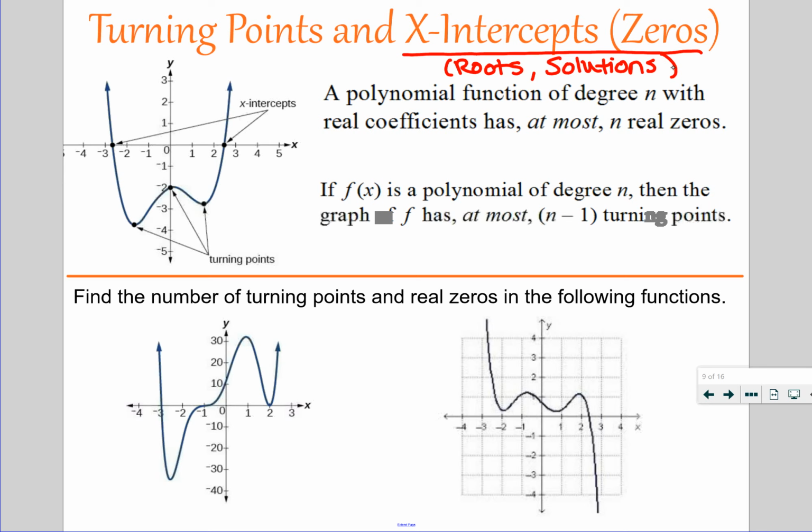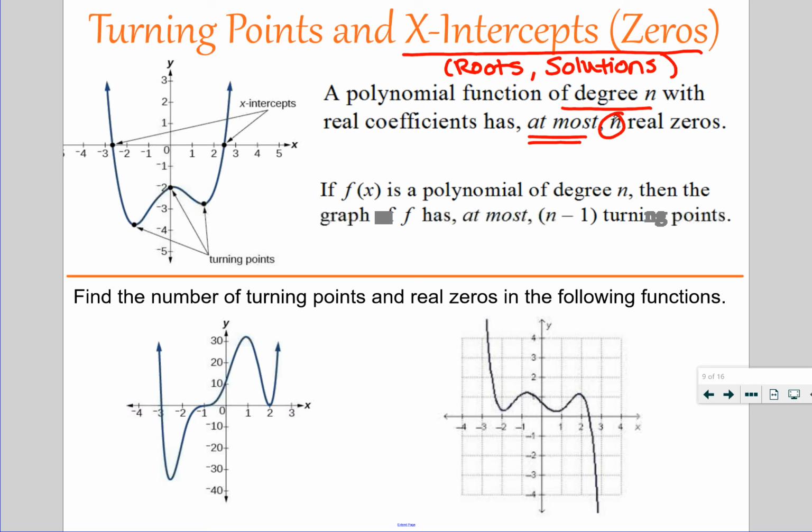A polynomial function of degree n has at most n real zeros. So that means if I have a degree 5 polynomial, there can be at most 5 zeros or 5 x-intercepts. At most is key here because there could be less. There could be 4 or 3 or 2 or 1, but there will not be any more than the degree.